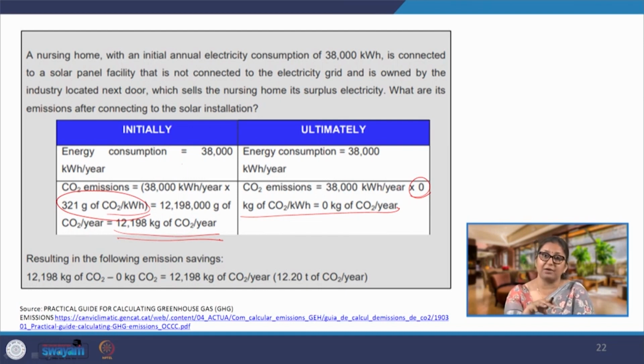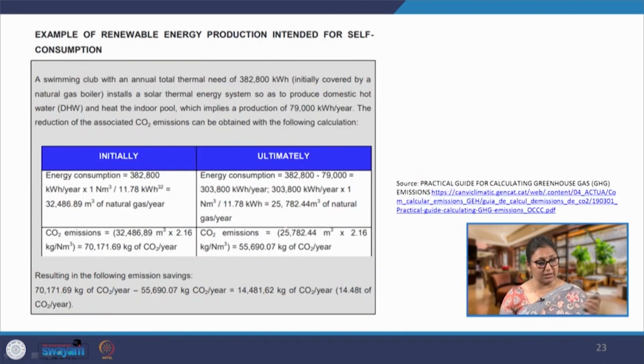This project could have only one activity or multiple activities. We will know the difference, how much is the emission reduction. Similarly, another example is a swimming club, where the heating of water was happening earlier through a natural gas boiler, and now they have installed a solar domestic hot water system, which supplies some percentage of the total energy that is required.